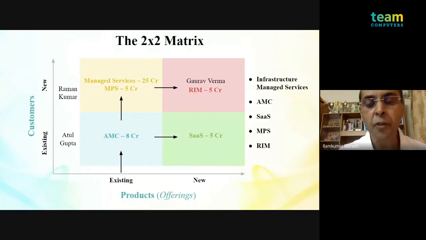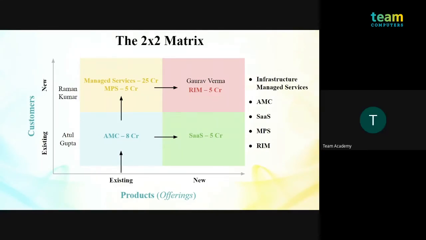So please use this as a workshop. Each of you pick up one of your large accounts, apply this concept of 2x2 for that account, and put those opportunities. It will guide you and help you navigate in the account. And it will also tell you how well you have mapped the account, and how long a way you have to go. Absolutely, sir. Great.